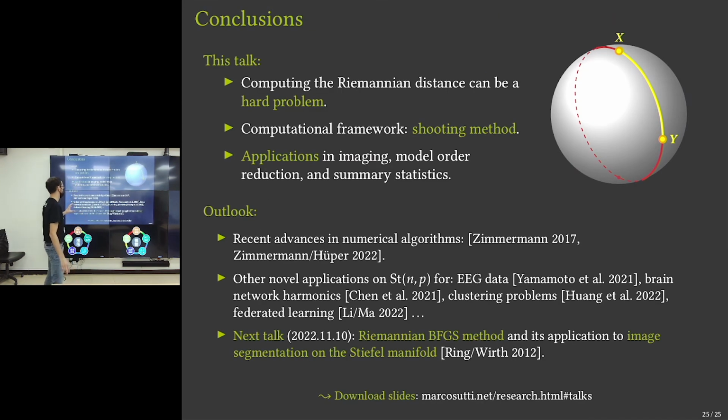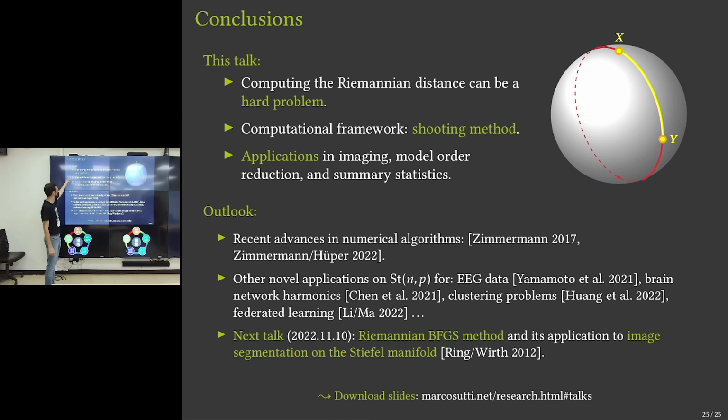let me just go to the last slide. I will put the slides, maybe on the Meta website or on my website. There are already the slides of a previous talk that I gave, which is very similar, but here I added some mathematical details. We have seen that computing a distance on a Riemannian manifold can be a hard problem if you don't have the explicit solution.